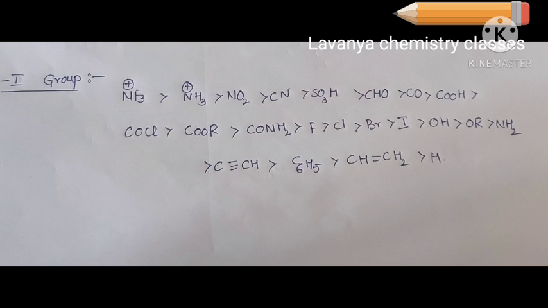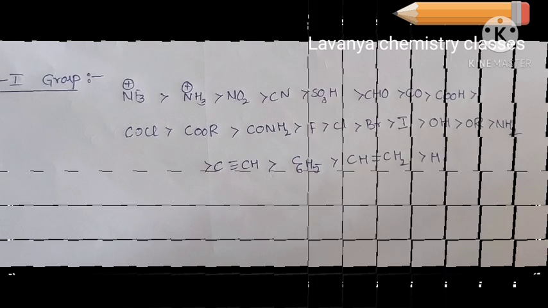These are the negative I power groups in decreasing order with respect to the reference hydrogen.